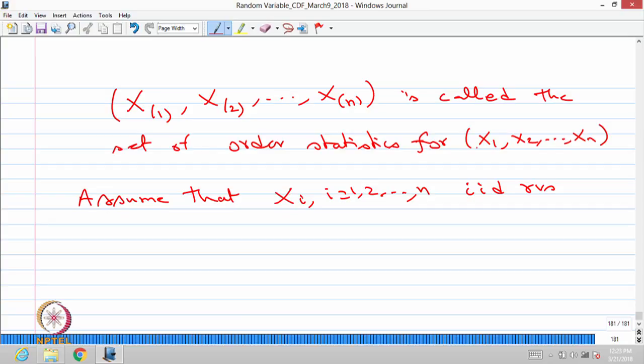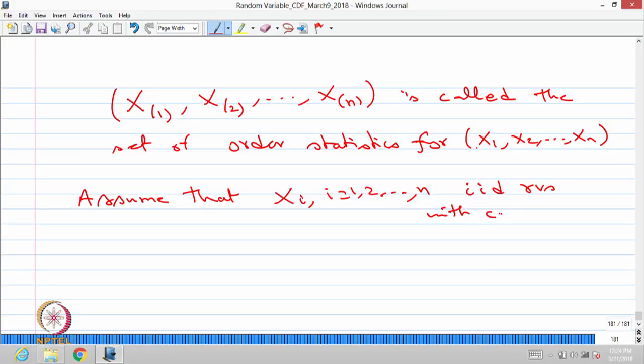Therefore, they are called IID random variables with continuous type. That means all the random variables are of the continuous type as well as IID random variables. I am going to give the result as the following theorem.